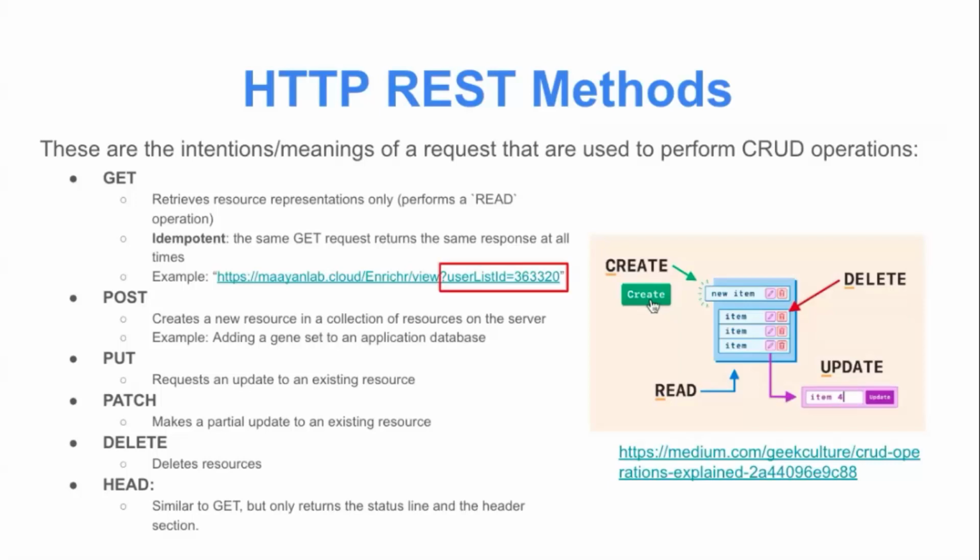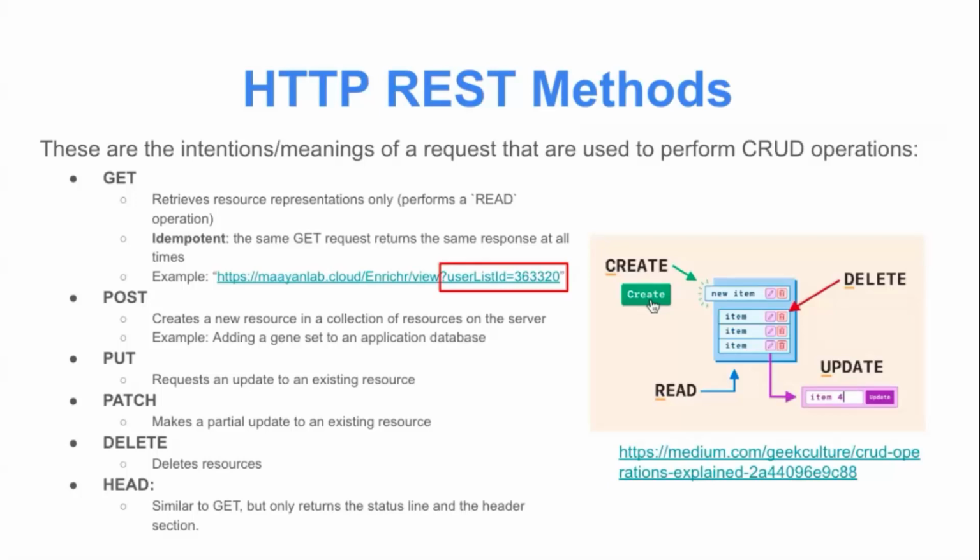We see here that we're specifying the user list ID, which is basically a unique identifier for a gene set that has been added to the Enrichr database, and we're specifying it in the query parameter, using this question mark followed by the parameter that we're trying to specify. So here we would be using a GET request to get this particular gene set that has the user list ID 363320.